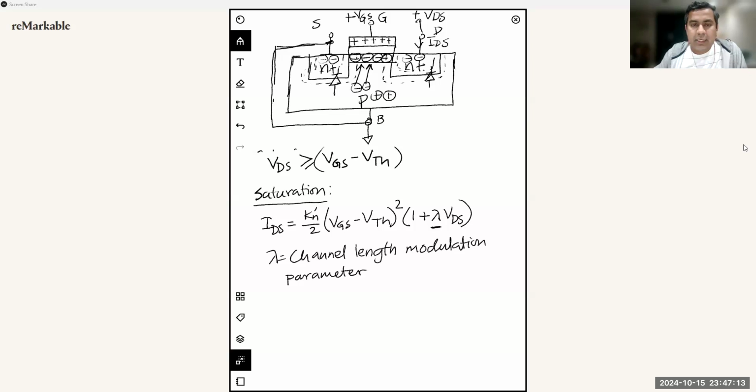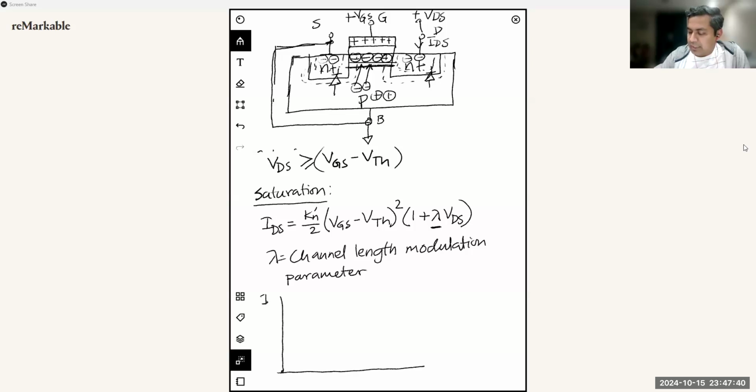And this is again just like Kn prime. It's a device parameter, which happens more and more with short channel devices. As we are shortening this channel length, we are seeing this phenomenon more prominent and more important to analyze. What happens is ideally our current curve is supposed to look like this.